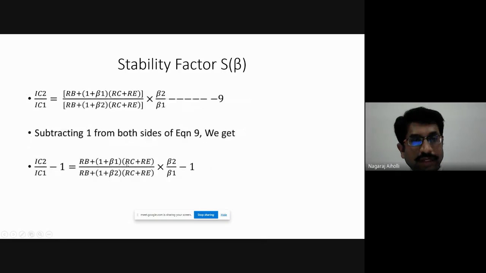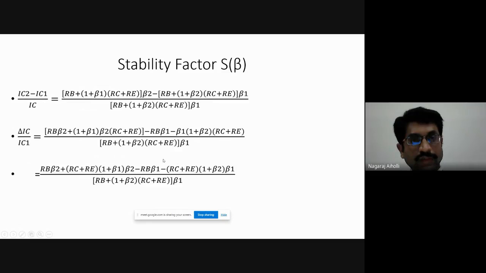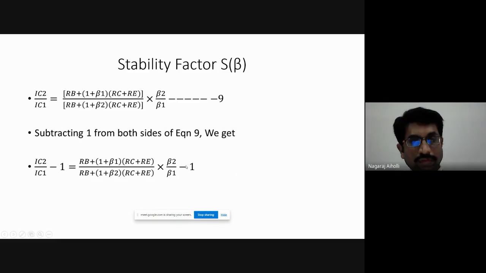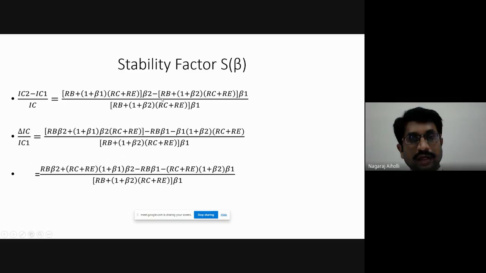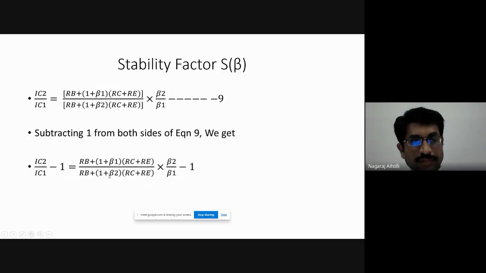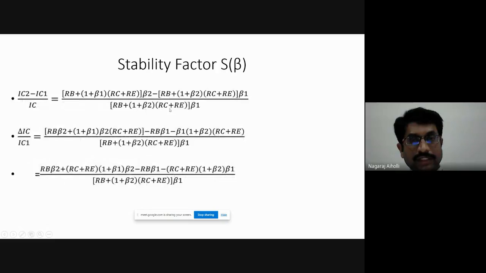[RB plus (1 plus beta 1) into (RC plus RE)] into beta 2, minus this 1 multiplied by this denominator term, [RB plus (1 plus beta 2) into (RC plus RE)] multiplied by beta 1. So the whole divided by [RB plus (1 plus beta 2) into (RC plus RE)] into beta 1.